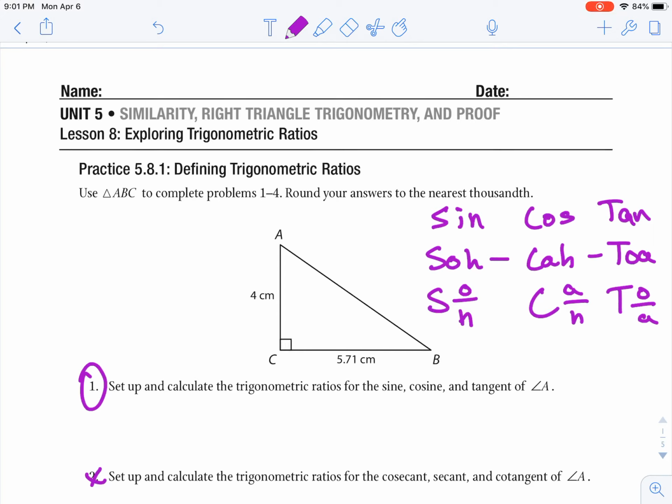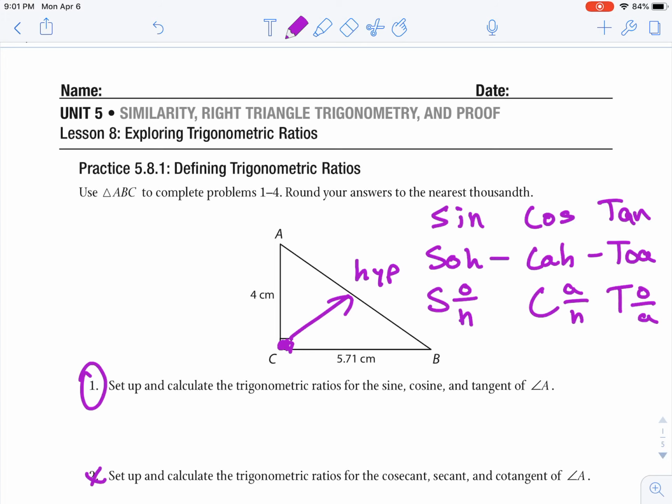I posted a video about what's the opposite, what's the adjacent, etc. So let's go through that real quick. The hypotenuse is always across from the right angle. The 2 acute angles, acute meaning less than 90. C is 90, so the other 2 have to be less than 90.